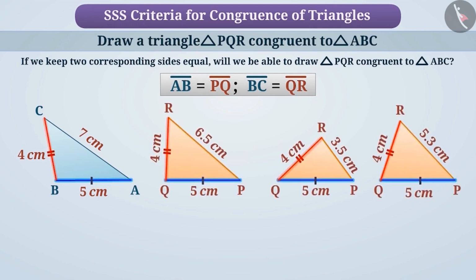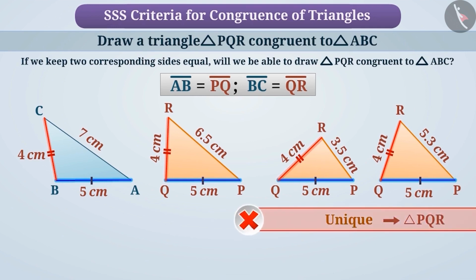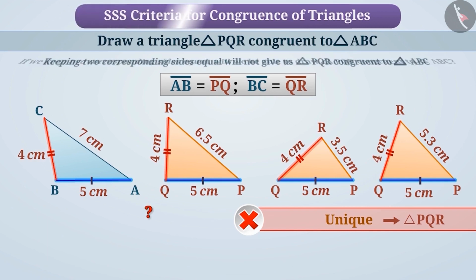But it is still not sufficient enough to form a unique triangle PQR. So we can say triangle PQR is not congruent to triangle ABC. Therefore, keeping two corresponding sides equal will not give us triangle PQR congruent to triangle ABC.